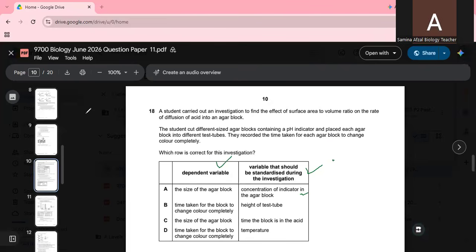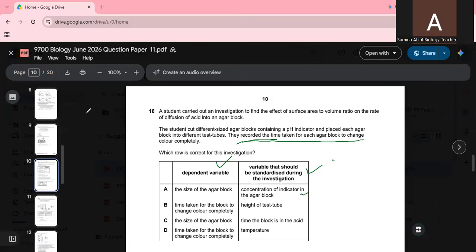to change color completely. So this is the dependent variable, and standardized during investigation, we have to keep the temperature controlled during this whole investigation, because they recorded the time taken for each agar block to change color completely.